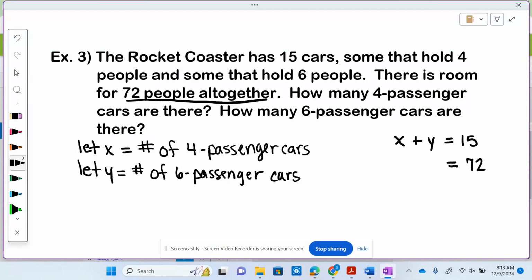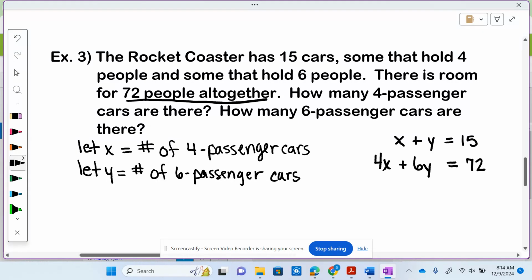There's room for 72 people. So how many people can ride in a 4-passenger car? How do I show that I can put 4 people in a 4-passenger car? And then the number of people that ride in a 6-passenger car are how many?